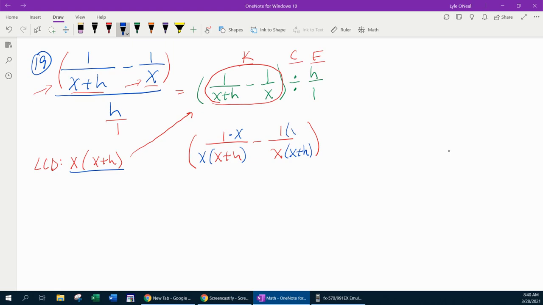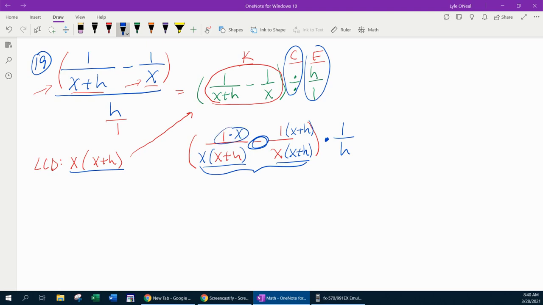Again, whatever I do to the bottom, I have to do to the top. That gets a common denominator, so then I can do the subtraction. And then I'm going to do the change and the flip at this point. Change to multiplication, flip the fraction. Now, let's simplify this.